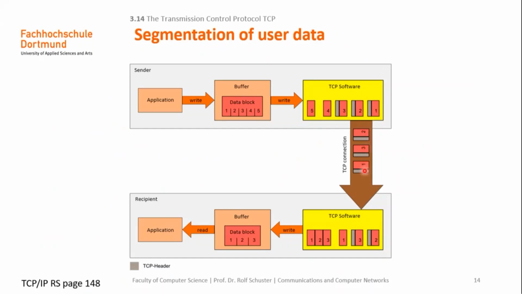transmitted across the IP network, and in the other end, the IP level brings the data received to the TCP layer level. The TCP software then processes the segments and reestablishes the order if the order was modified during the transmission.